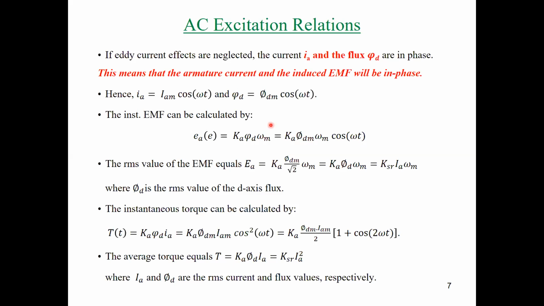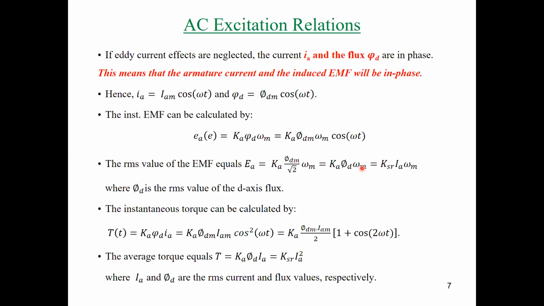So if we would like to calculate the RMS value for EMF, simply it will be this value divided by square root of 2 because it's a sinusoidal waveform. So it will be Ka multiplied by phi d maximum divided by square root of 2 multiplied by speed, which is equal to Ka multiplied by phi d, which represents the RMS value of direct flux, multiplied by the machine speed.